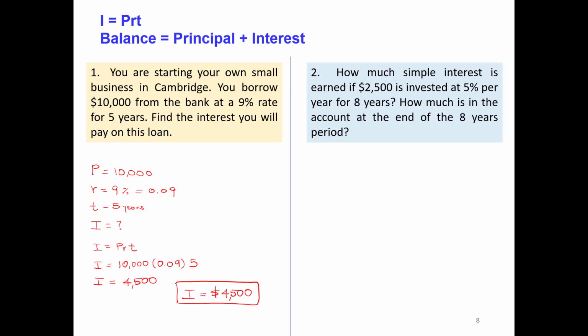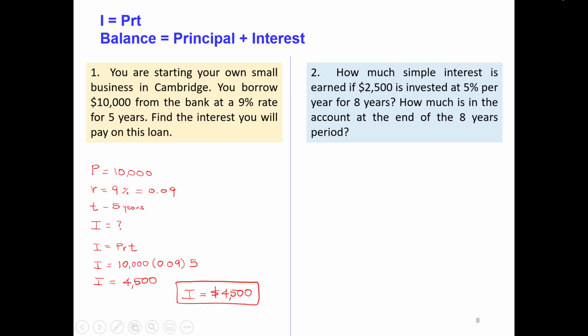And we also want to know how much is in the account at the end of the 8 years period. So we need to answer two questions. We need to find the simple interest, but we also want to know the balance. First we will find the interest and then we will calculate the balance.